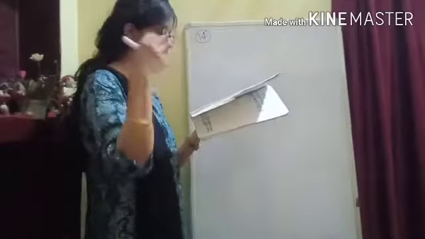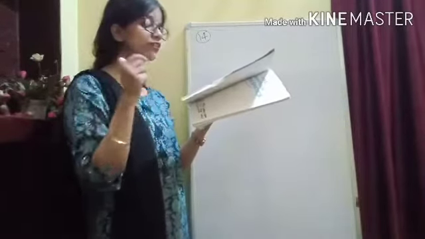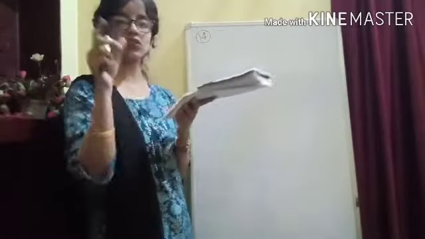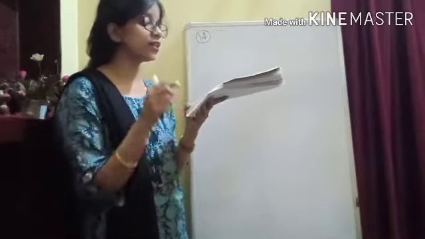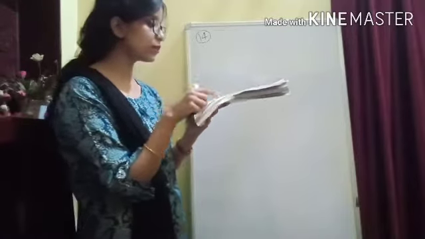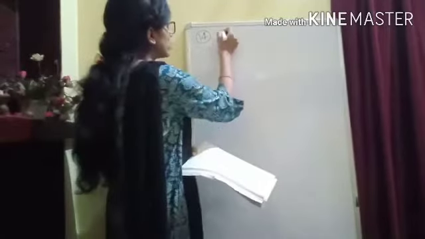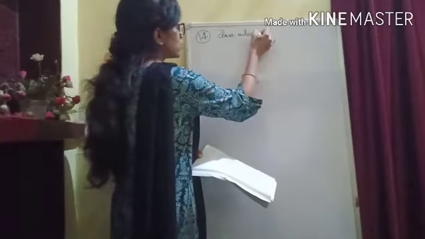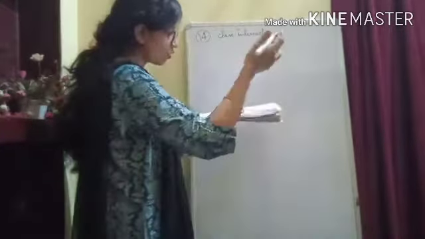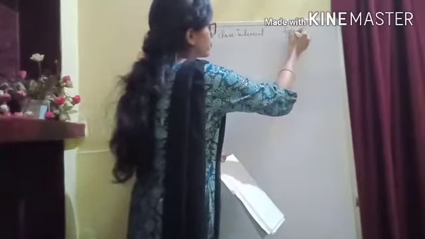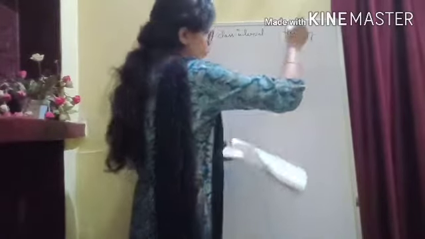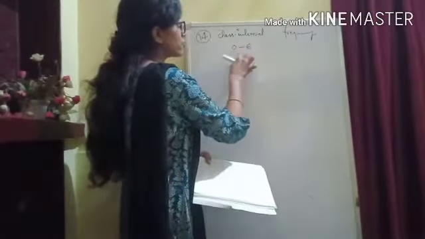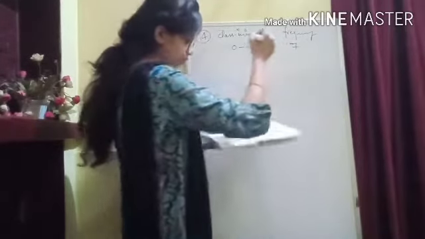In question number 14, construct the cumulative frequency table. Let's see how we write a column for cumulative frequency from the frequency table given below. In one column they have given the class interval and in another column the frequency. The class interval 0 to 6 has frequency 7.